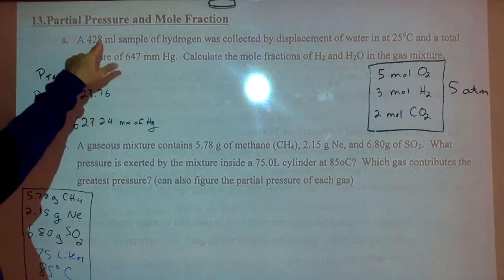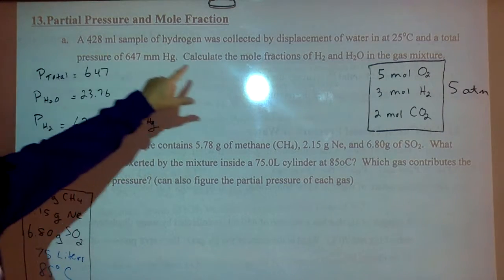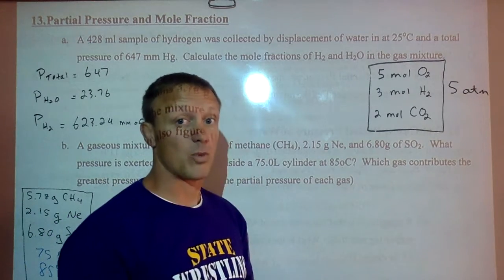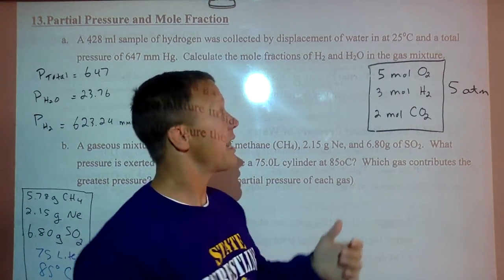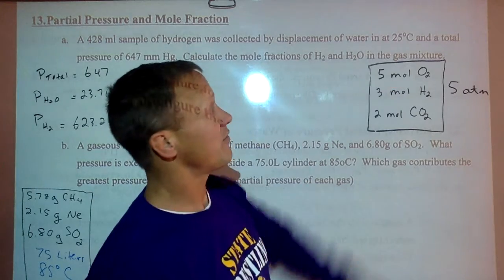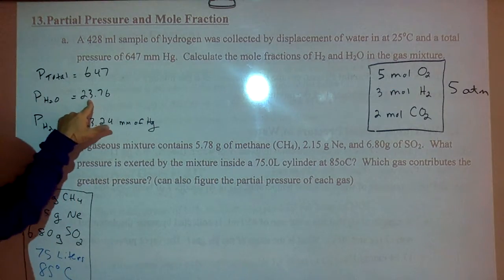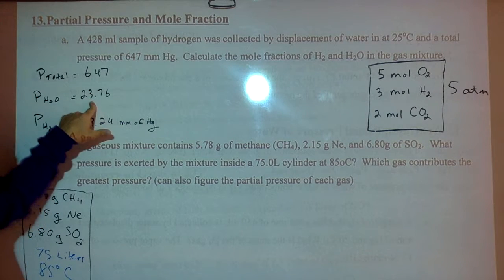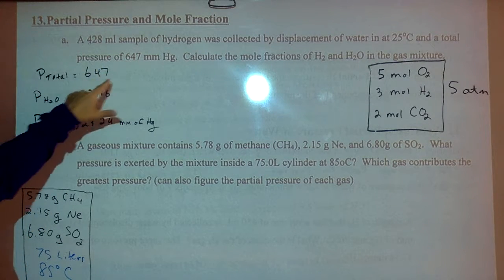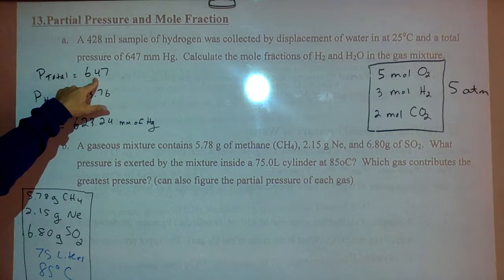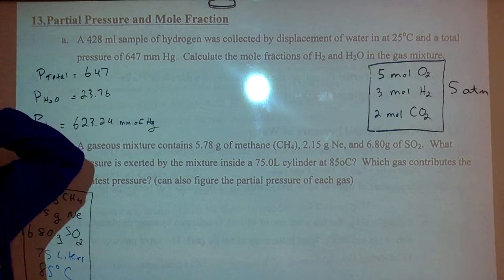So this question is telling you have this much hydrogen. It's collected by water displacement. Remember, that means collected over water, so it's a wet gas. That means you have the gas and water vapor pressure at 25 degrees Celsius. The vapor pressure of water at 25 degrees Celsius off of a chart is 23.76 millimeters of mercury. The total pressure for this container is 647. It wants to know the mole fraction of hydrogen and water in the gas mixture.